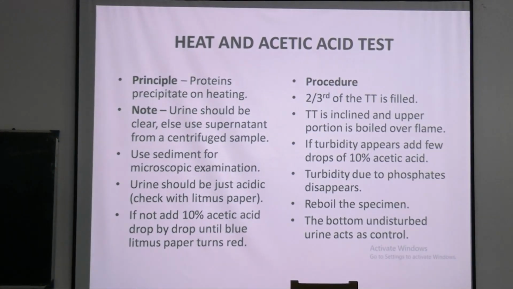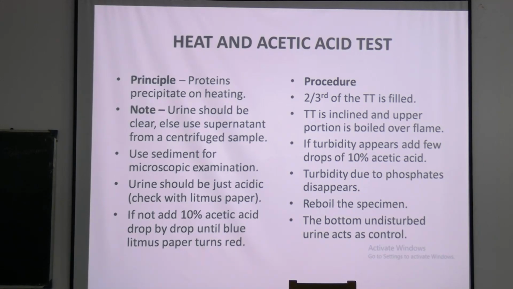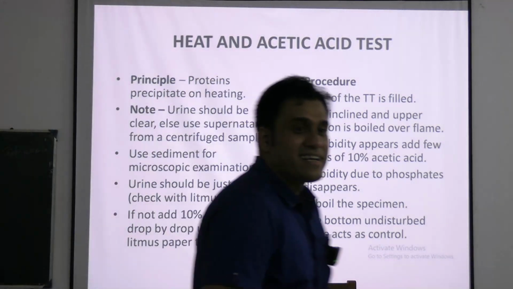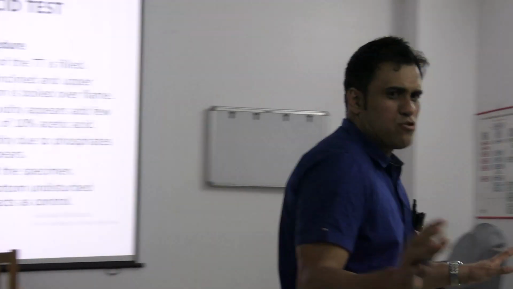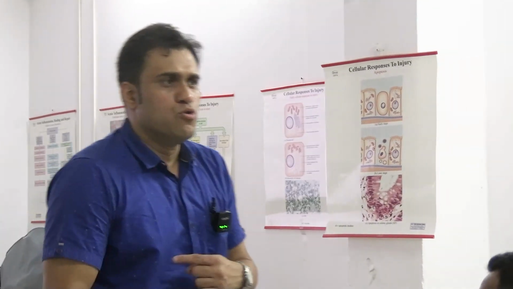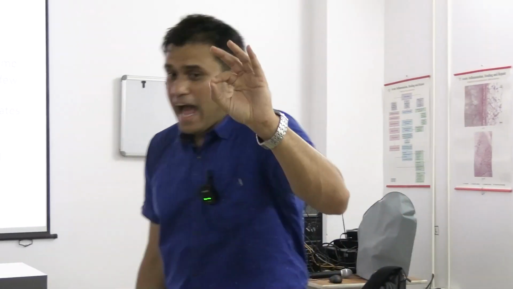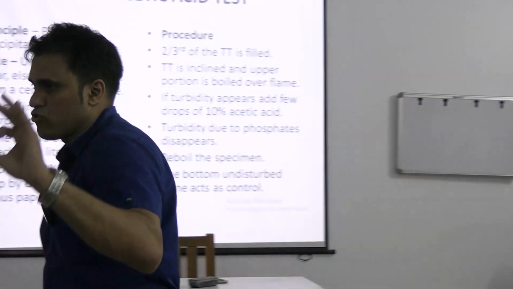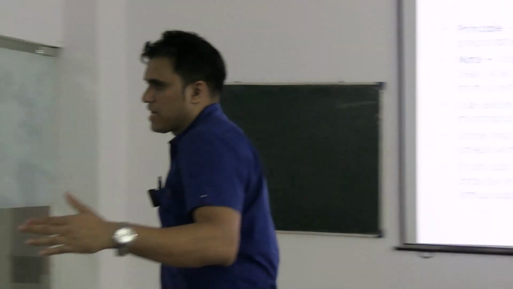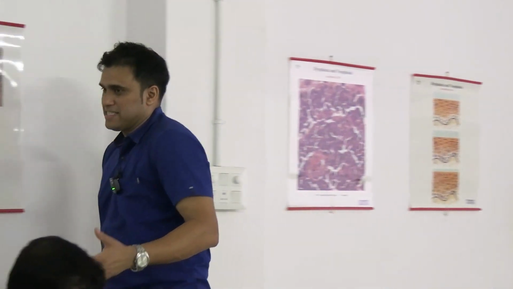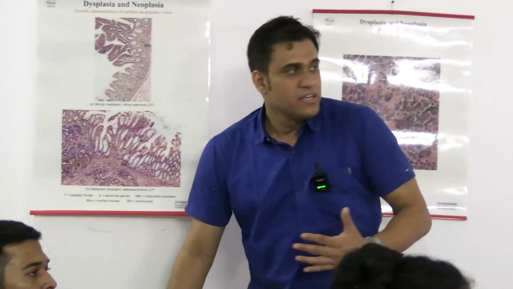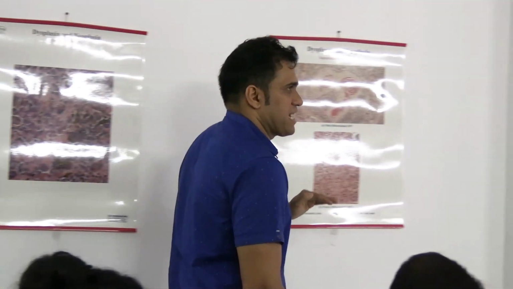Blue litmus paper will turn red if the urine is acidic. These are basics, I'm not explaining them. If the urine is not acidic, add 10% glacial acetic acid drop by drop till the urine becomes acidic. And how do you know that the urine has become acidic? The blue litmus paper will turn red. Right? So these points must be kept in mind.